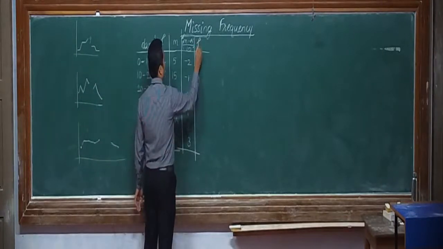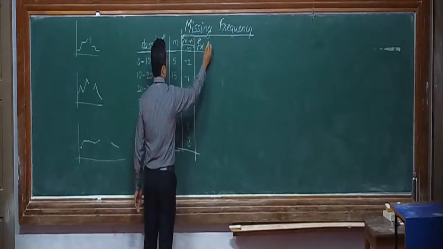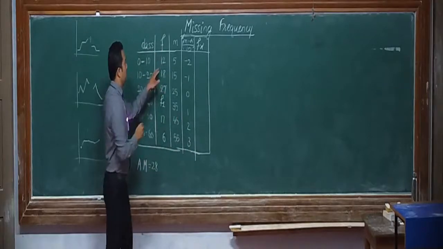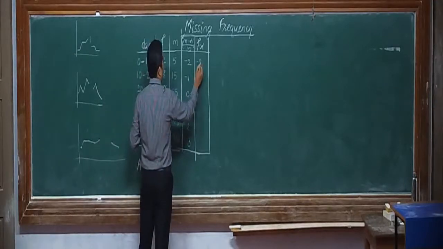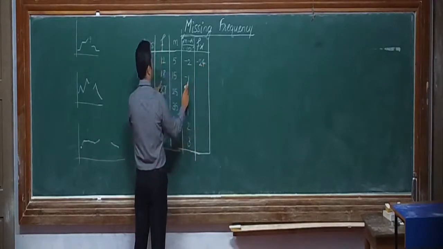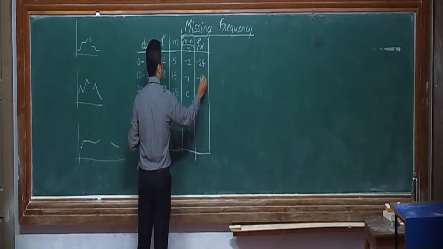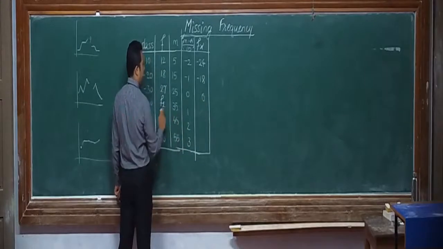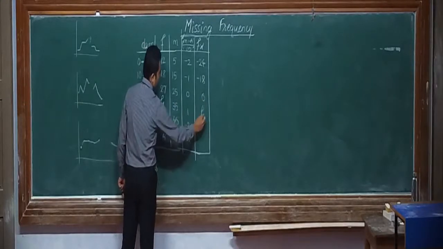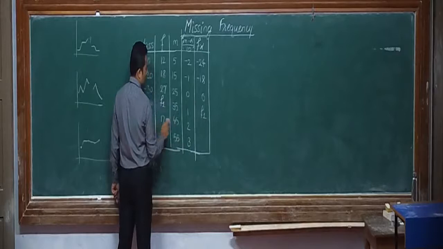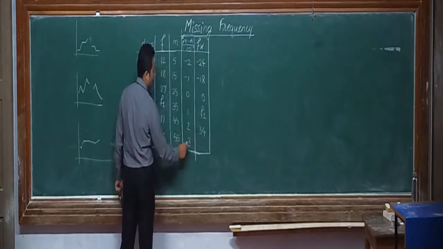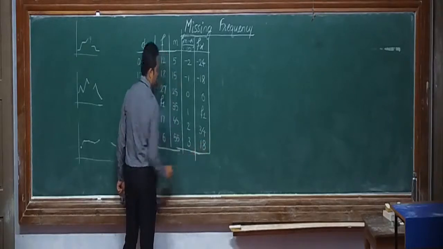So here I add one more column called fx dash. So this gives me minus 24. This gives me minus 18. This gives me 0. F1 into 1 gives me just F1. This gives me 34. And this gives me 18 again.